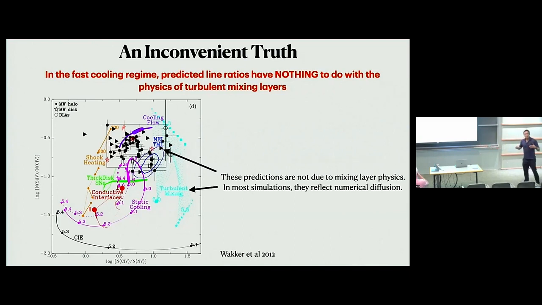They run simulations and then predict line ratios of atomic lines, which depend on the temperature PDF. So what they're probing is the temperature PDF, and they compare observations against these simulations and say, oh, this model is good, this model is bad. These predictions, at least for turbulent mixing, have nothing to do with the physics of the mixing.